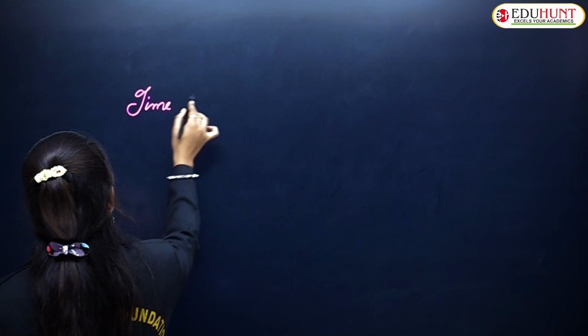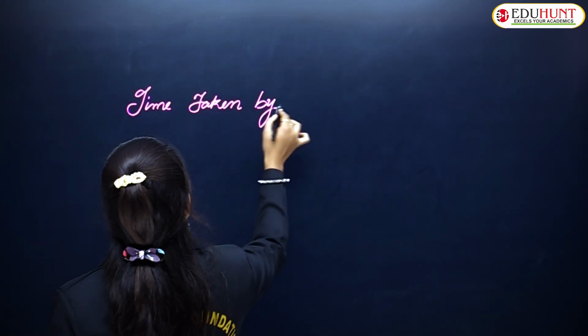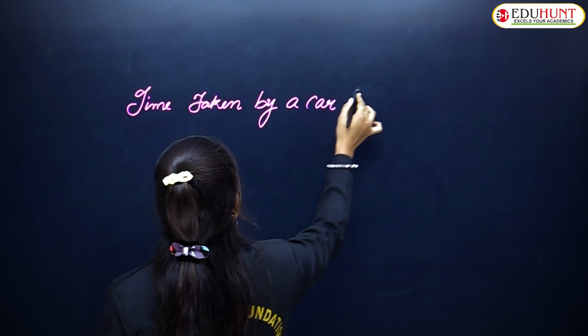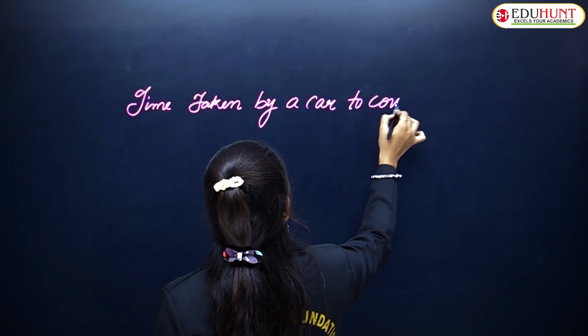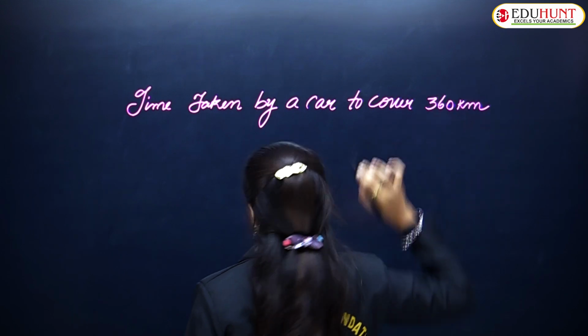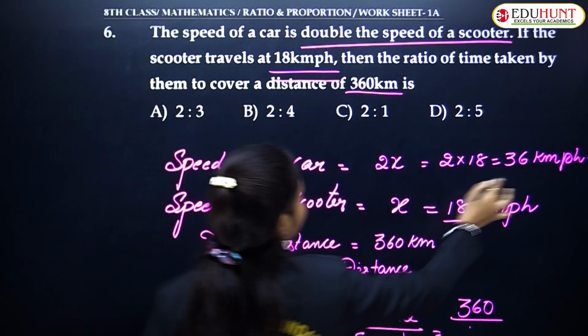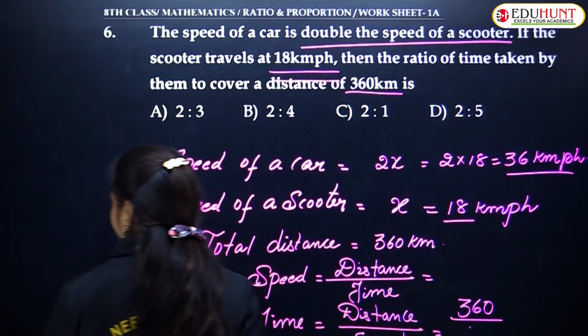The time taken by a car to cover 360 kilometers, using 36 kilometers per hour.